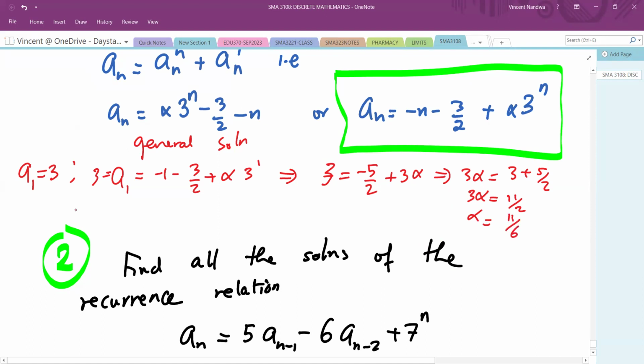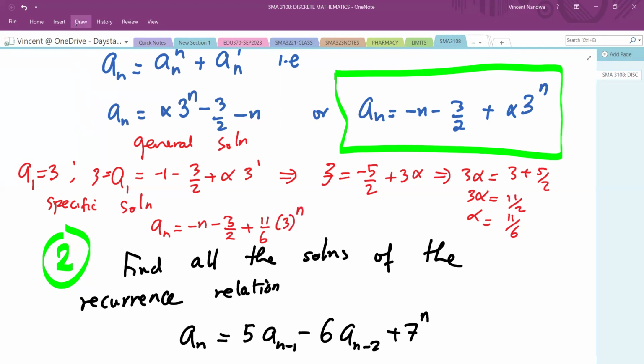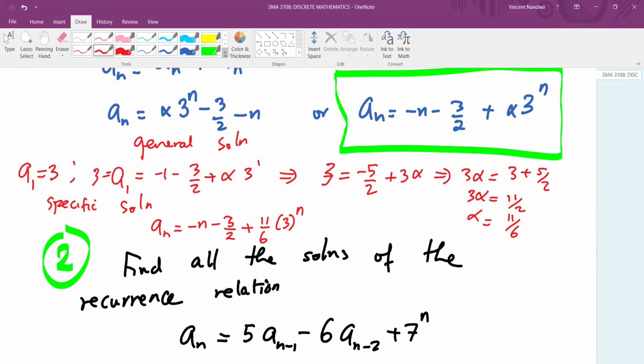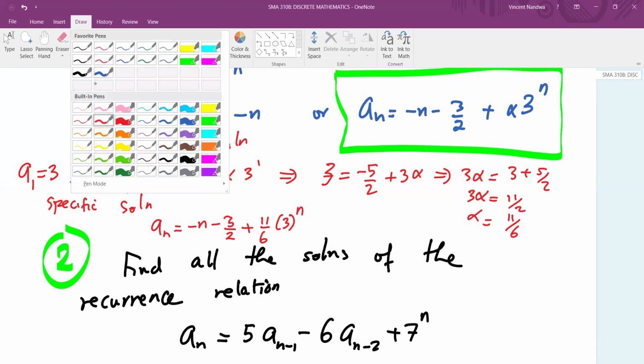So therefore, the specific solution to that given condition is going to be a_n equals minus n minus 3 over 2 plus 11 over 6 times 3 raised to power n. So remember, when we have been given an extra condition, then we get the specific solution with respect to that condition.